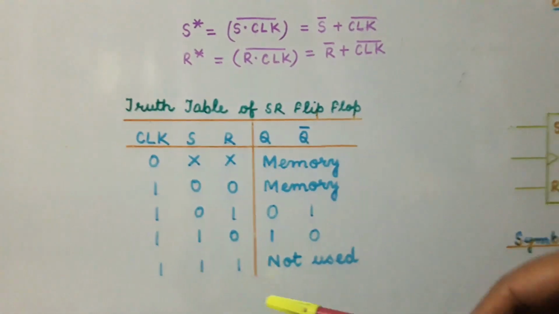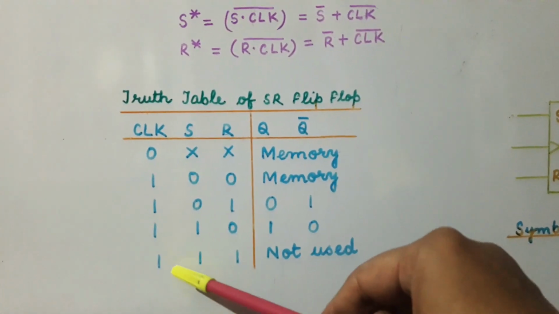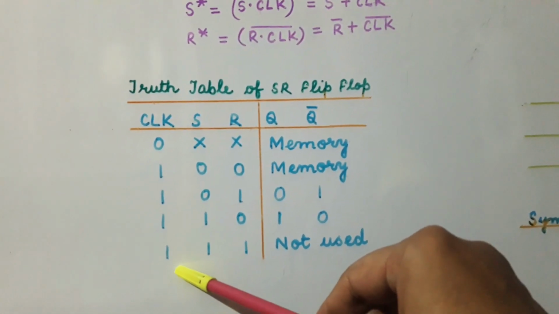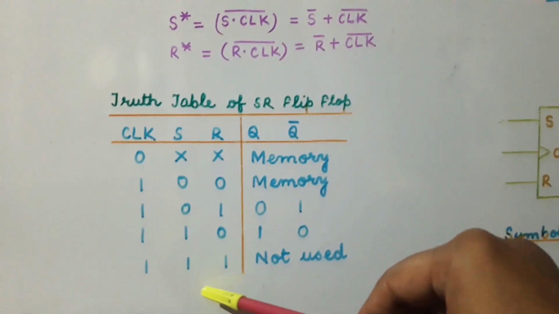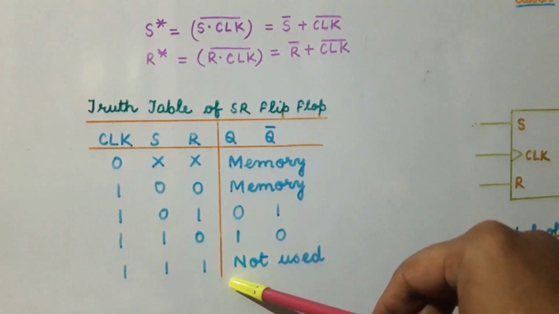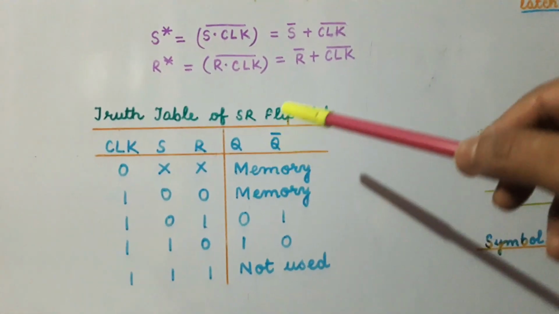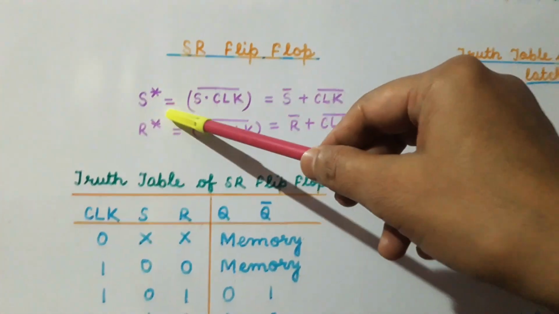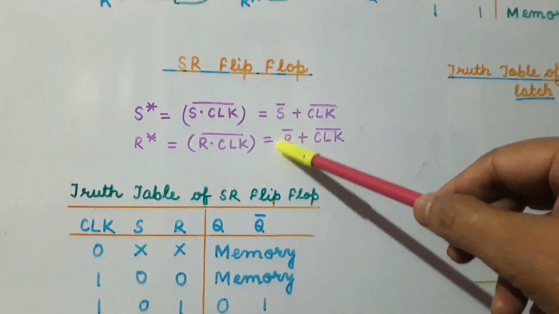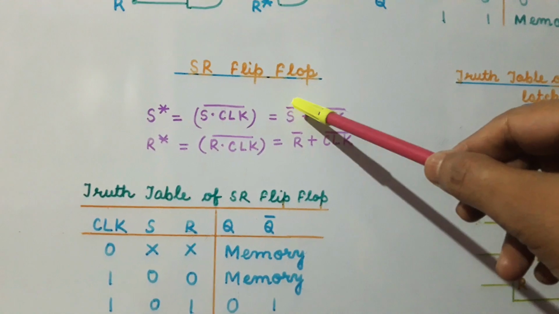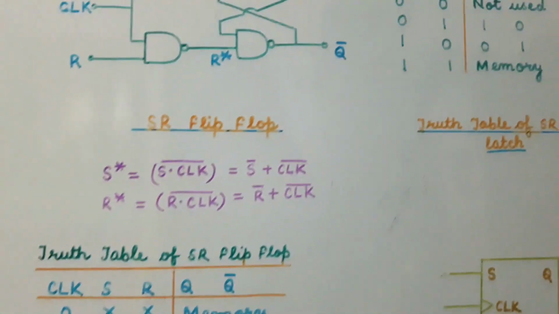Now, we will see the next case, that is when the clock is high and the value of both the inputs are equal to 1. In this case we find that the value of S star will be the complement of 1, that is 0, and R star will be the complement of 1, that is 0, that is S star will be 0 and R star will be equal to 0.